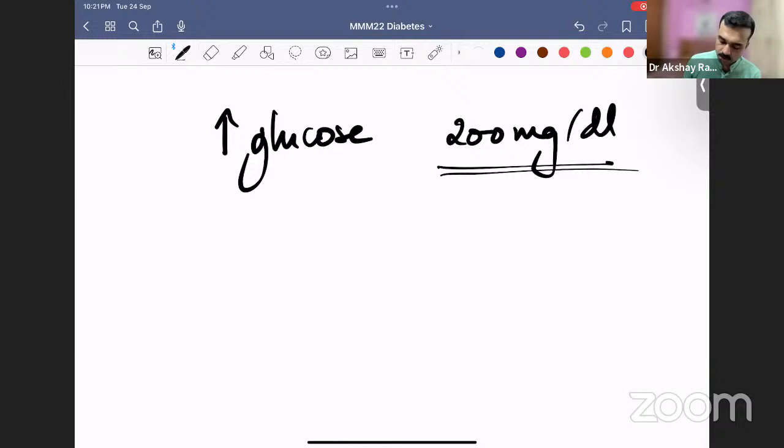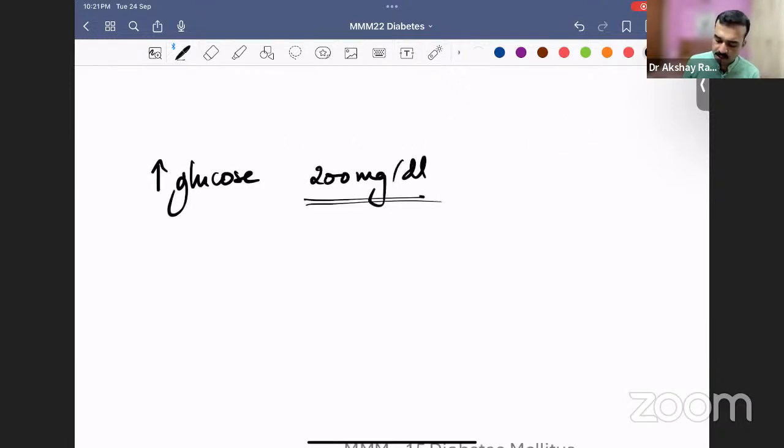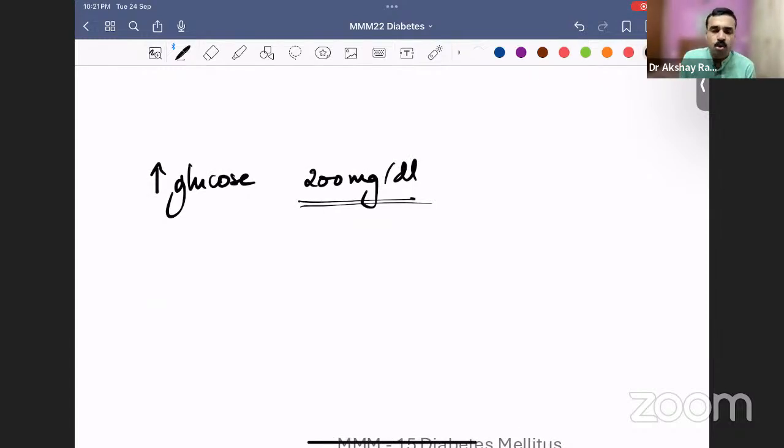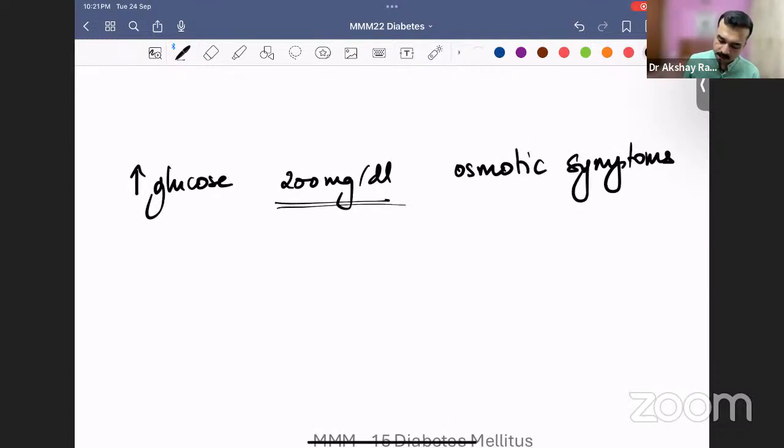Because blood glucose levels are up, counter regulatory hormone is up, and insulin is not present, they'll have all the osmotic symptoms. Patients of DKA will have osmotic diuresis, that means polyuria, polydipsia. So they are going to be in a hyperosmotic state.